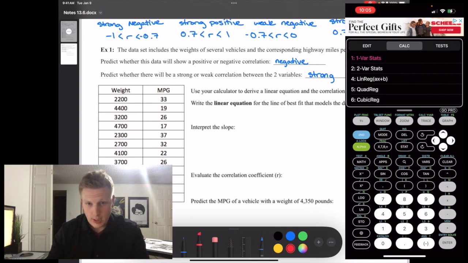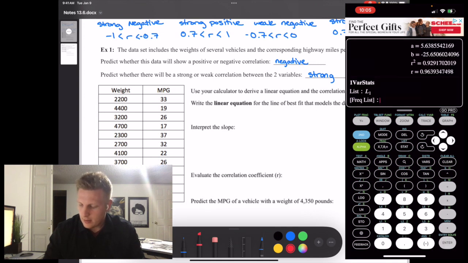We did our different one variable stats, but that's not what we're doing right now. We're going to do our regression, and we see that right here at number 4. It says LinReg ax plus b. So that's a linear regression. It's going to draw a straight line through our data. And then it has ax plus b, that's kind of like our mx plus b.